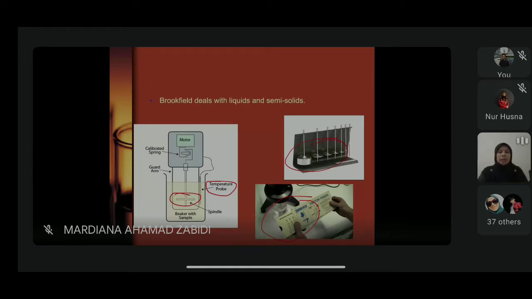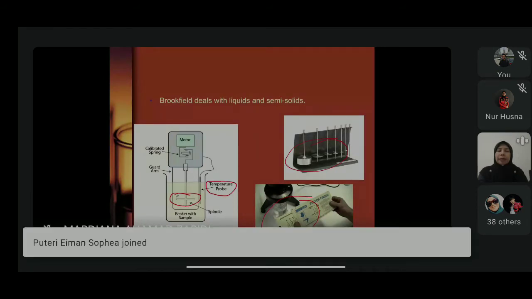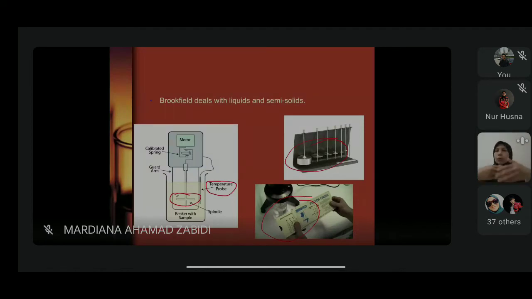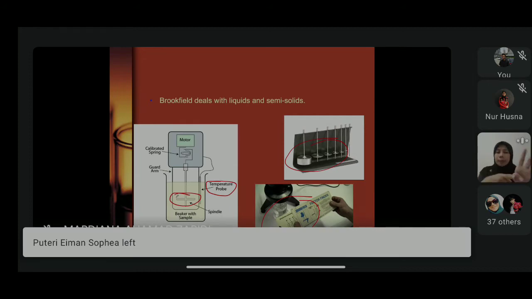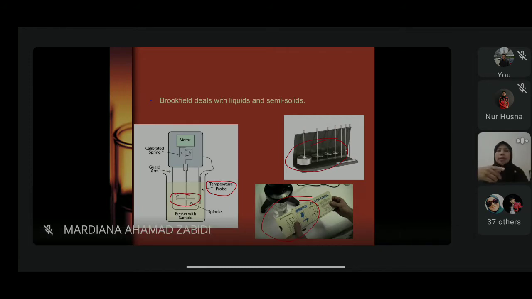Okay, so this particular spindle ni nanti dia akan rotate. It will rotate and the speed of the rotation also depends on your product. So when you join the industry later, of course you need to do some R&D, some research and development. You need to do some testing. What will be the speed that is considered appropriate?